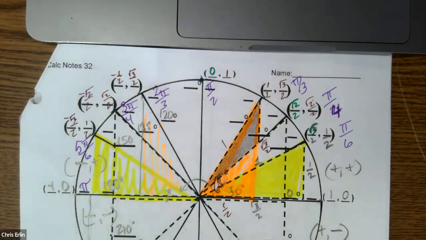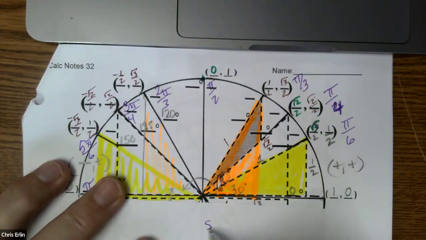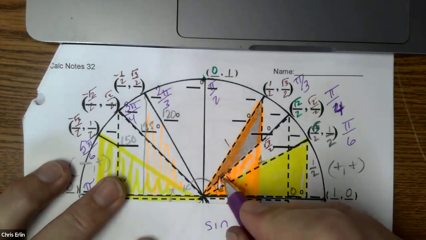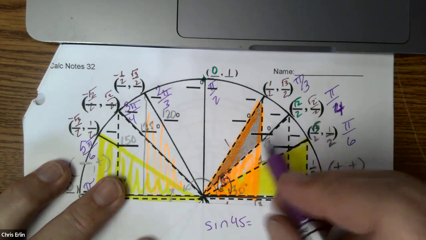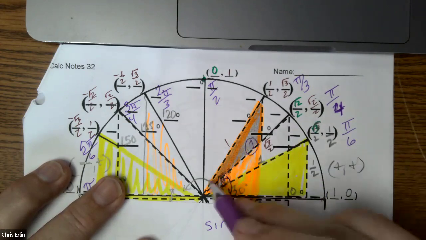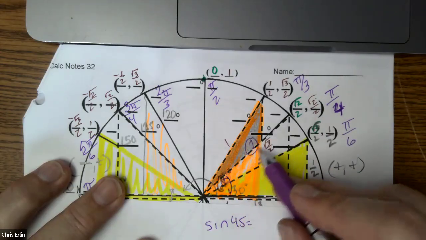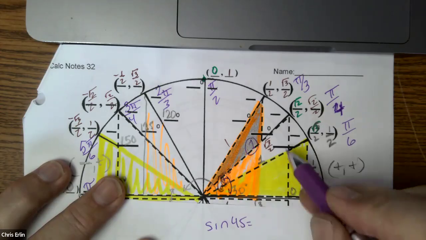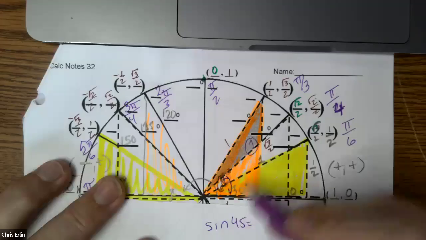Now, what's the point of this? Well, the whole value of this is that I now know that if I want to find the sine of 45 degrees, I recognize that because this triangle has a unit hypotenuse of 1, the sine, which is the opposite over the hypotenuse, I don't need to worry about the hypotenuse. The sine of 45 is equal to the vertical leg of the triangle made at 45-degree angle.